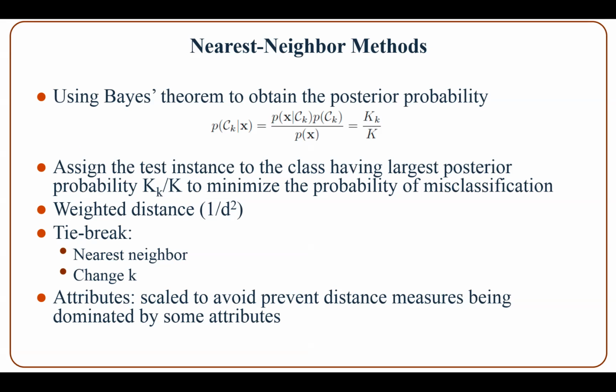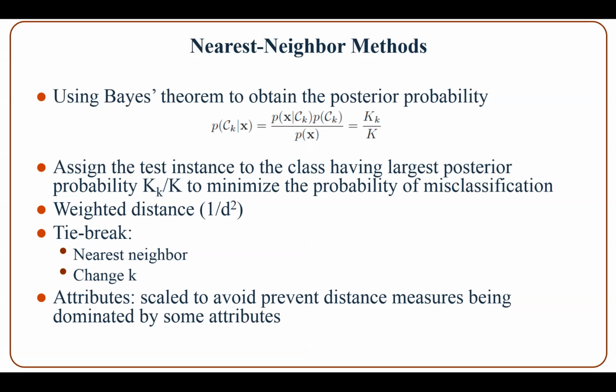From there we use Bayes' theorem to obtain the posterior probability. p(class C_k given the instance x) is equal to the conditional probability times the prior divided by the unconditional probability, and finally we get k_k divided by K. So in order to minimize the probability of misclassification, we assign the test instance to the class that has the largest posterior probability.